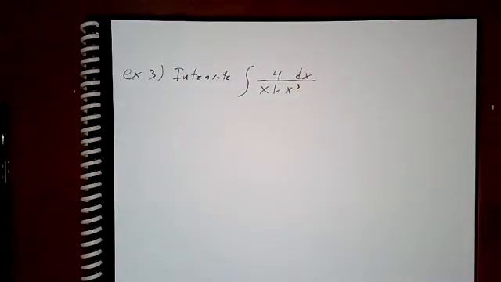So this is 4 over x ln x cubed. This is going to require a double substitution. So let's start. What should u be?